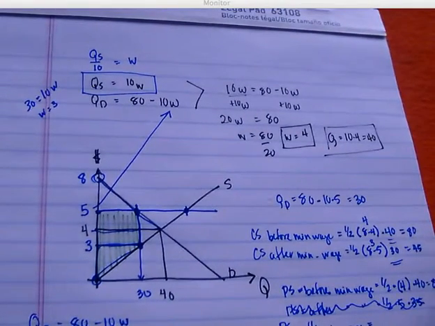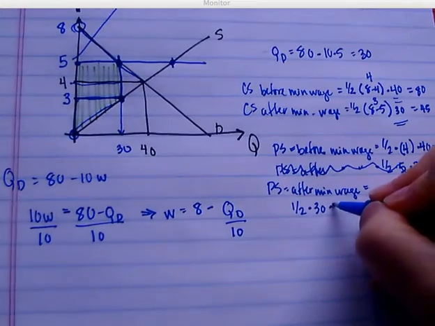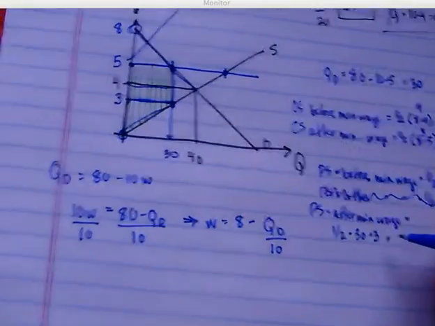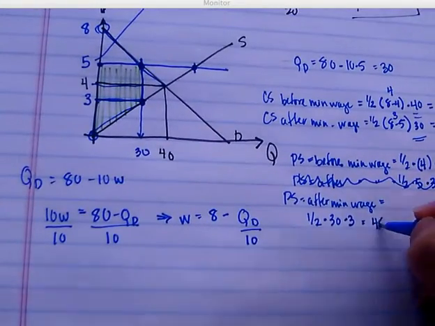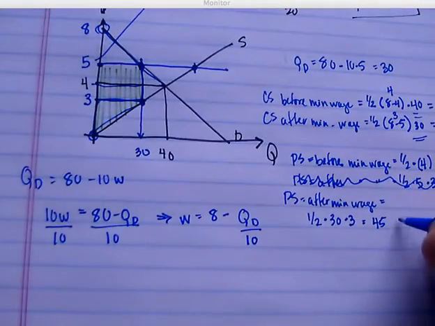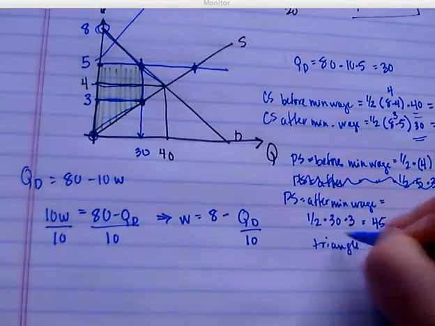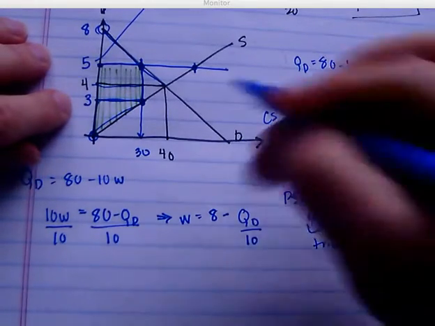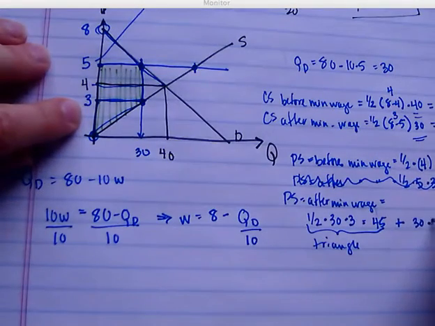Okay, so coming back down here, what is this triangle? It's 1/2 times 30 times 3, okay? So that is equal to 45, plus, that's the triangle, plus for all of those 30 units, we have this distance, which is the distance between 3 and 5, or just 2.